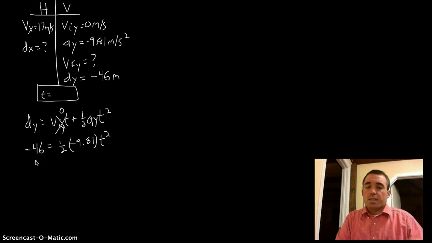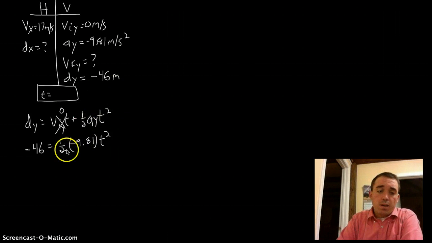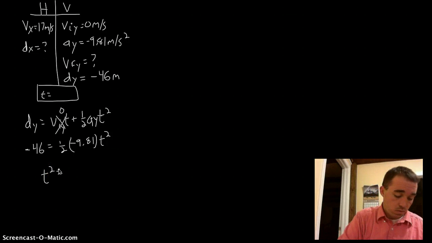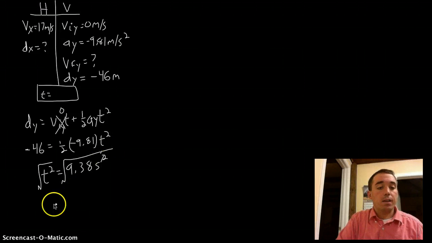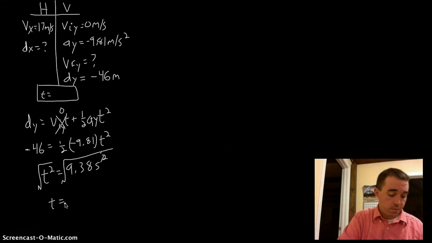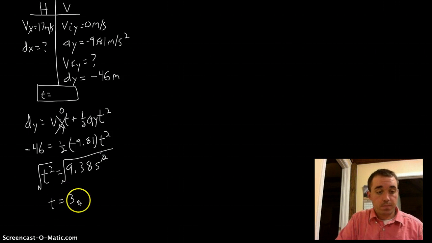Multiplying through, I'm going to skip a couple of steps, since I don't think the math is an issue for a lot of people. 1/2 of negative 9.81 is 4.905. Divide by that and you get t squared equal to 9.38 seconds squared. Taking the square root of both sides, the squares cancel, and you get a time of 3.06 seconds.